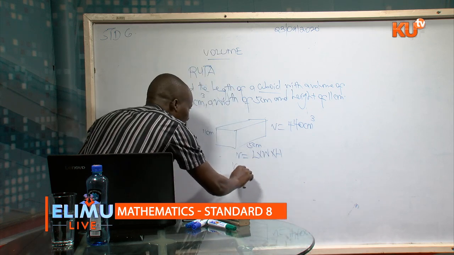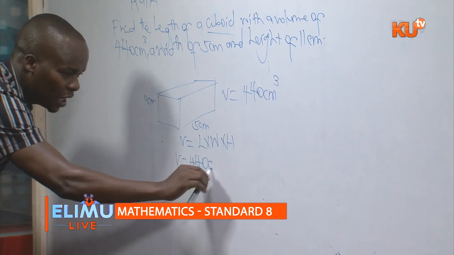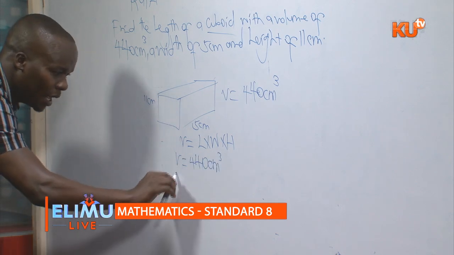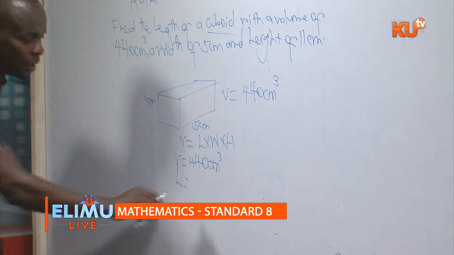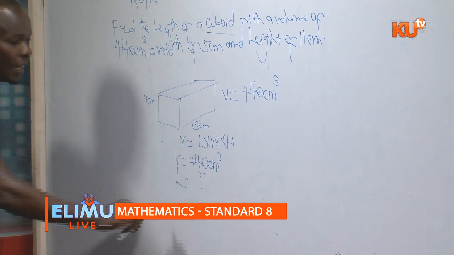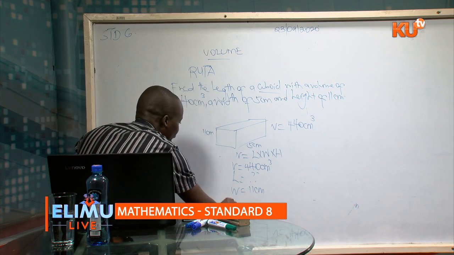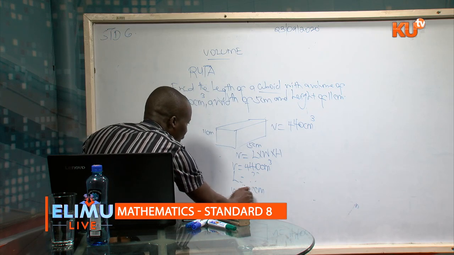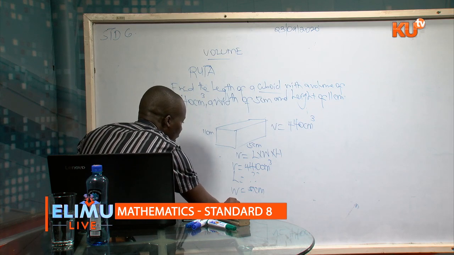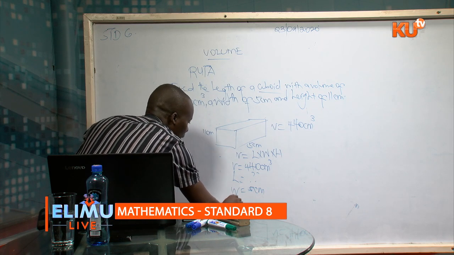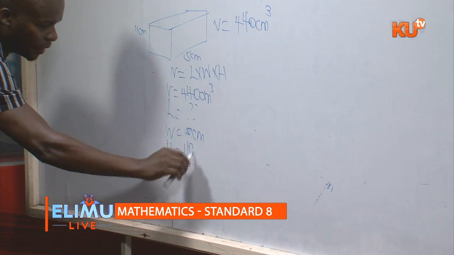So volume is given as 440 cubic centimeters. Length is not given. Width is given as 5, and height is given as 11.